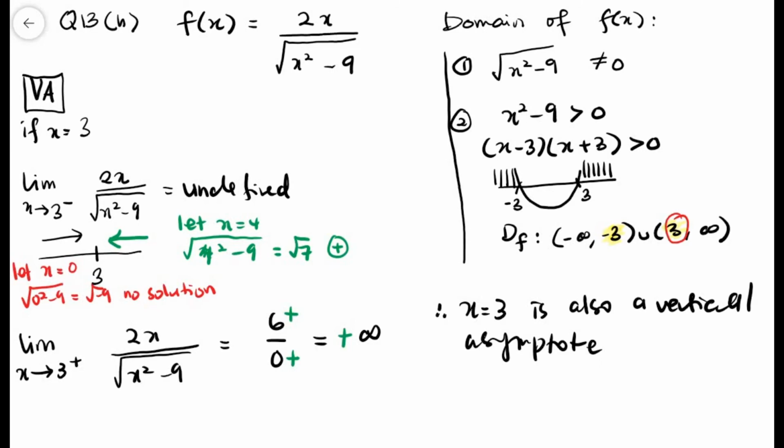Okay, so therefore you get two vertical asymptotes. The first one is x equal to negative 3. Okay, another one is x is equal to 3.